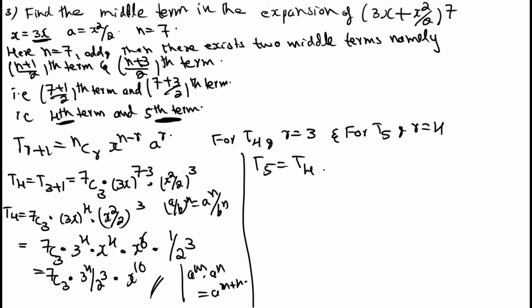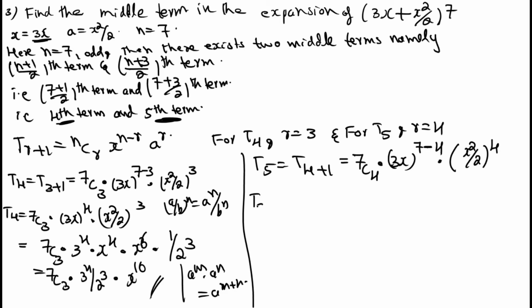T5 is equal to T(4+1) equals, apply the nCr formula. nCr is 7C4 into a. The x value is equal to (3x) to the power n minus r. The n value is the index 7 minus the r value 4, into a, which is (x²/2) to the power r. The r value here is 4.